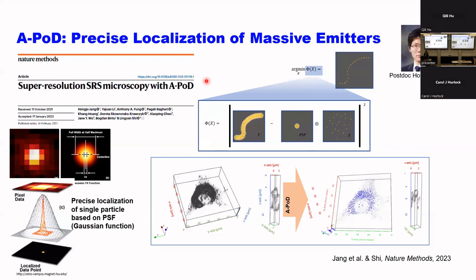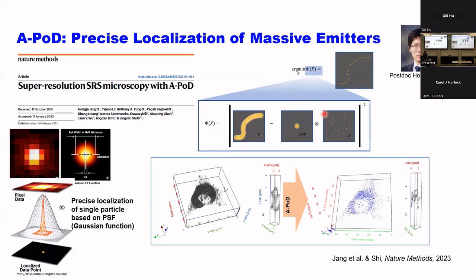That means you can actually precisely localize a massive amount of emitters if you constrain the number of emitters and also each emitter's intensity, the unit of intensity. And the question becomes, you want to minimize the distance between the real image and the virtual image.